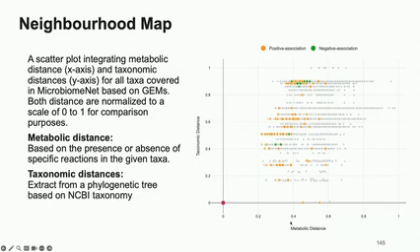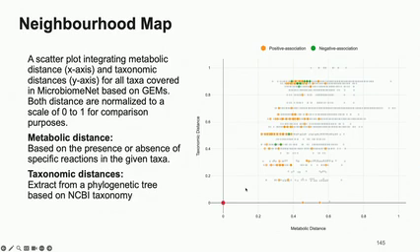One is metabolic distance, how similar or how complementary their metabolic capacity is. The other is taxonomy distance. The farther away, probably the more different or more complementary; the closer, the more similar.